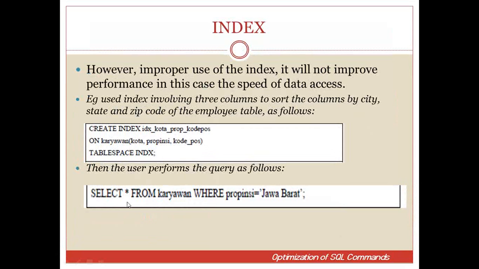So the user only performs the query where provinsi. So of course this index won't be used. So it's very useless to make this index. So we have to know what query is often done by users, so we can make this index properly.